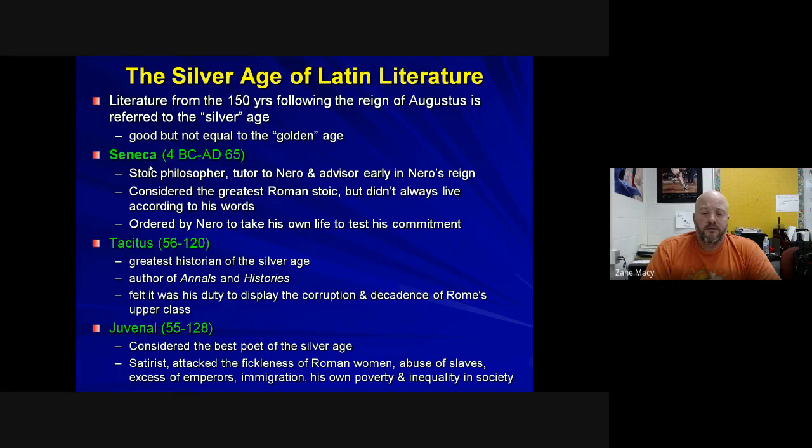He pointed out the abuse of slaves. He was not a supporter of the issue of slavery, but it had been an institution in Roman society for hundreds of years. Again, another person that points out the decadence of the upper class, their style of living, the extravagance of the emperors during this time period compared to, say, the lifestyle of Marcus Aurelius or even the first emperor Augustus before him.